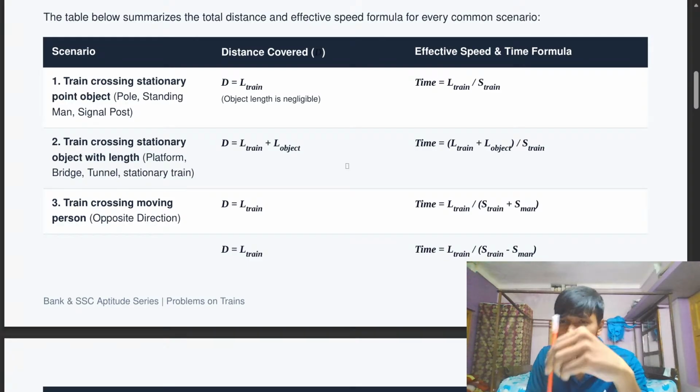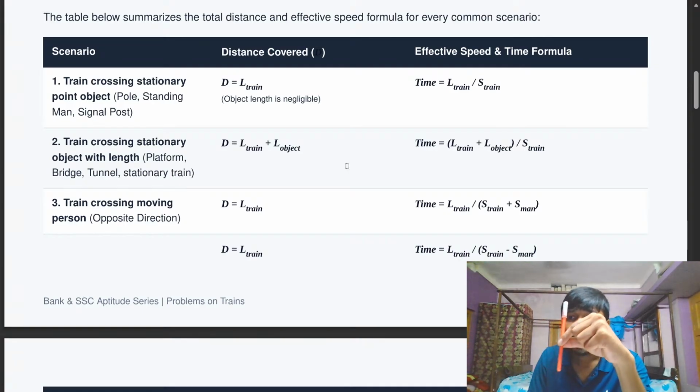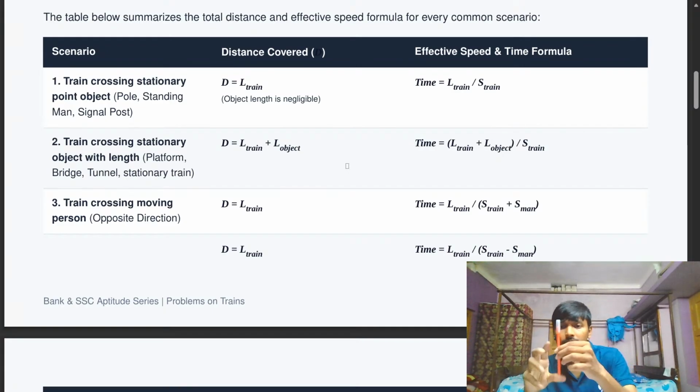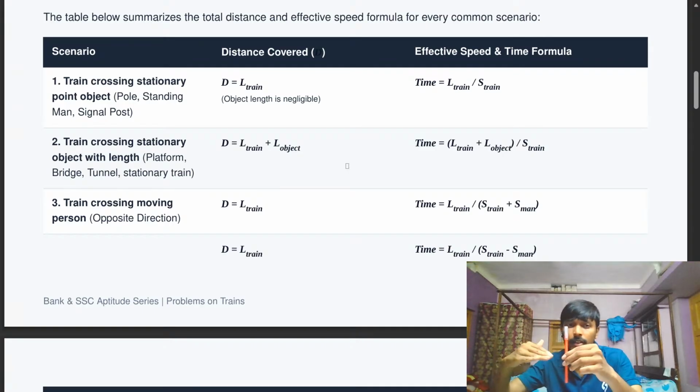In this case, the length of this pole will be negligible, so we have to ignore the length of this object if the train is crossing a stationary point object.